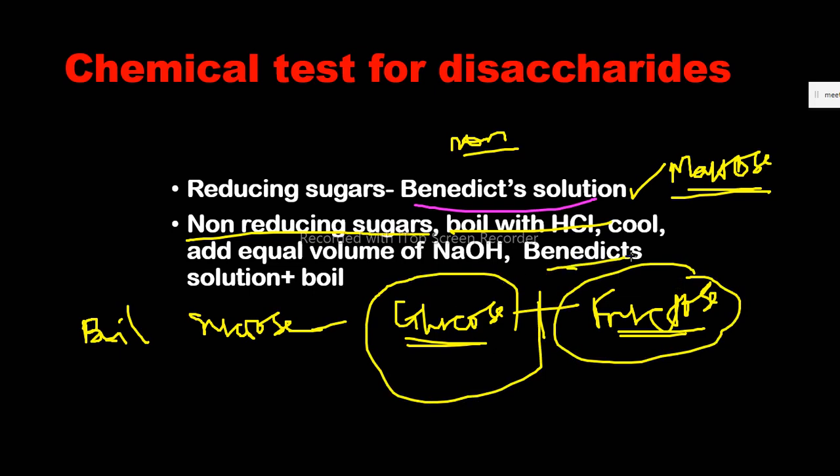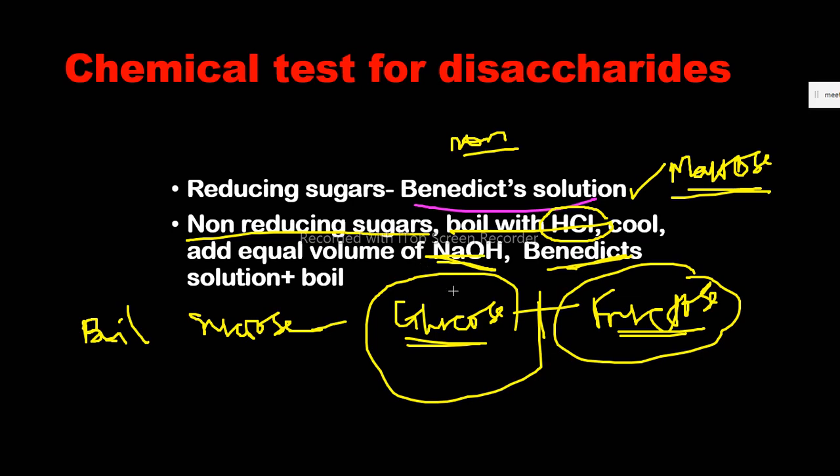But before you add Benedict's, when you added the HCl, the solution became acidic, and such an acidic solution is not good for Benedict's solution to work. So we shall add sodium hydroxide. What is it for? To neutralize the acid, so that you provide the condition for Benedict's solution to work.